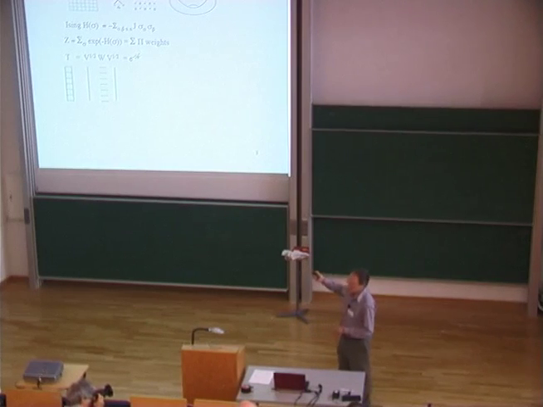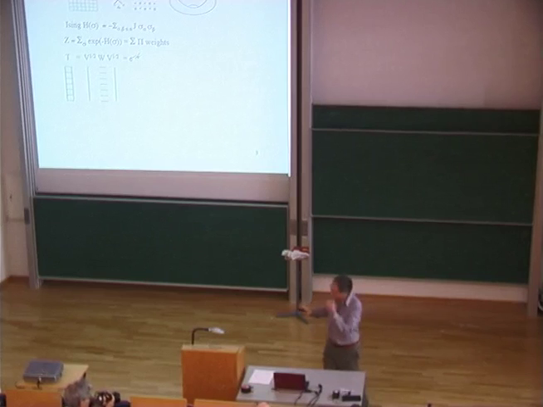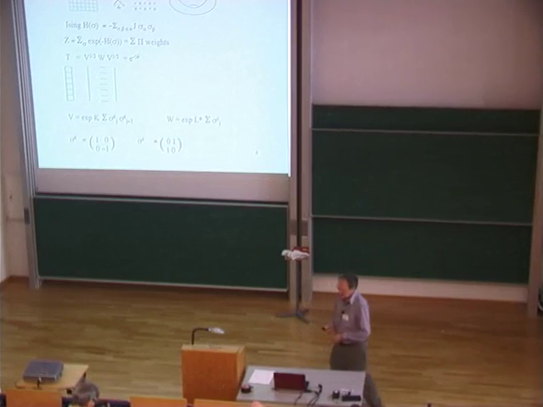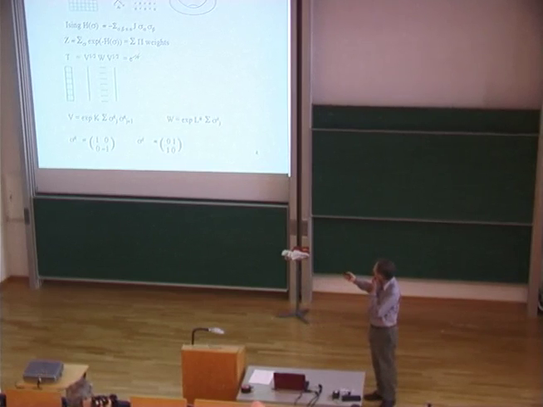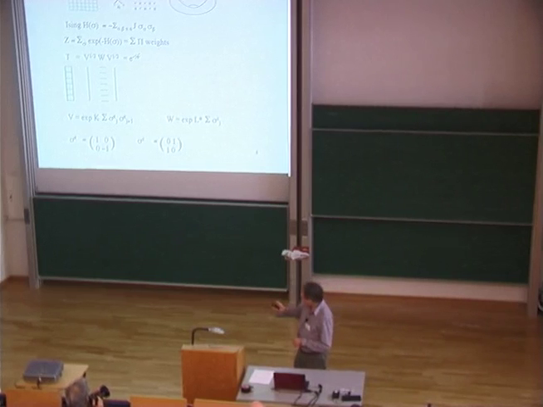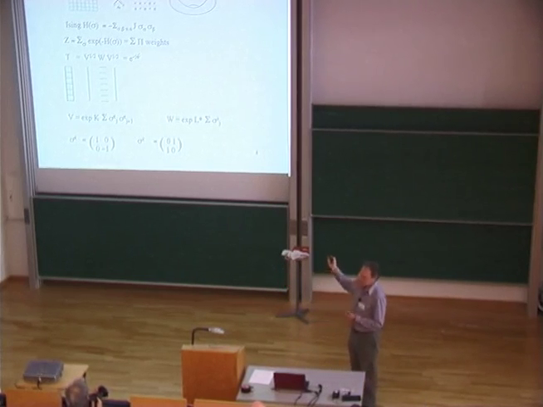If you take the logarithm, you have some quantum Hamiltonian. So you can be very explicit here and write it down in terms of these Pauli matrices. So the transfer matrix is made up of two parts, V and W, with these parameters K and L, which depend on the temperature.